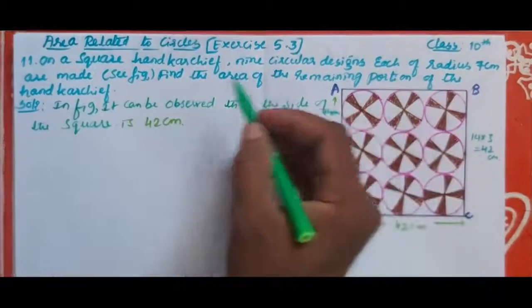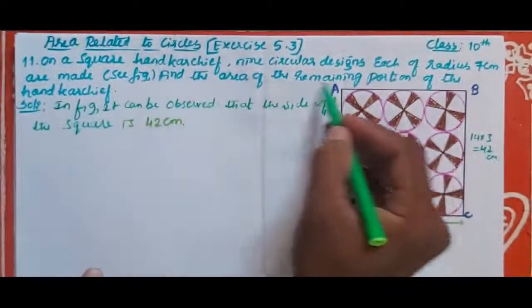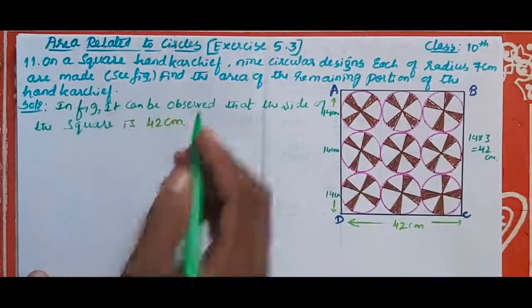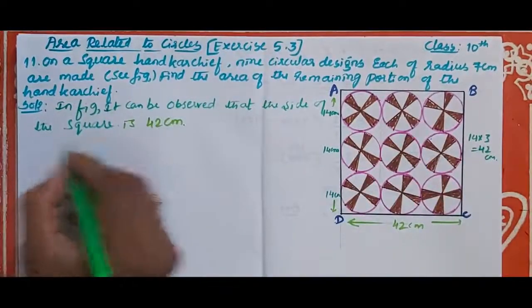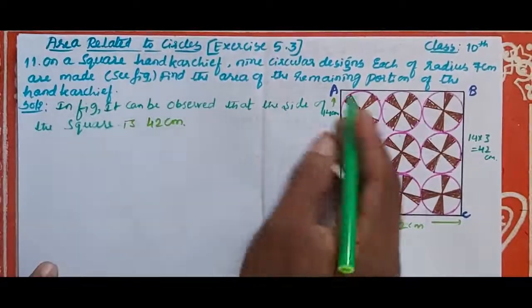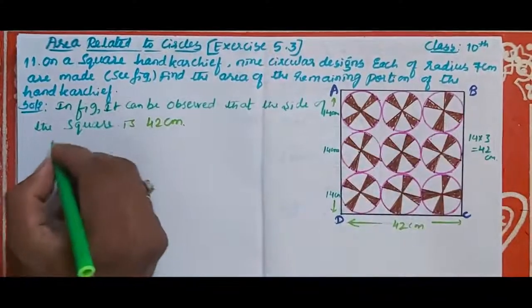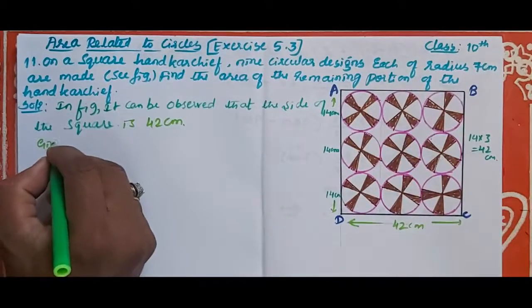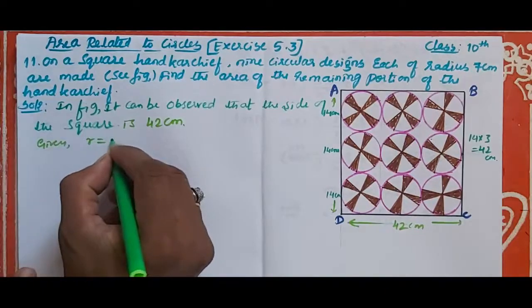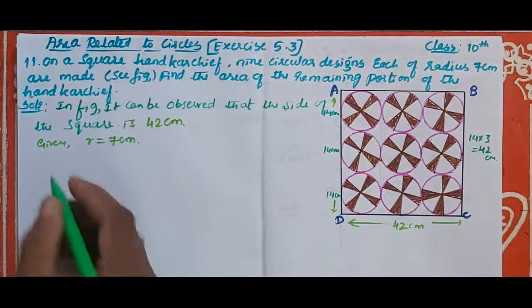So now we have to find the area of the remaining portion of the handkerchief. Radius is equal to how much centimeter as given here? 7 centimeter, right? Given radius is equal to 7 centimeter.